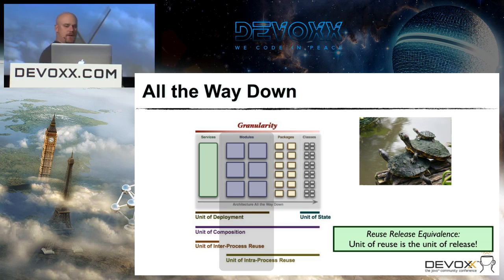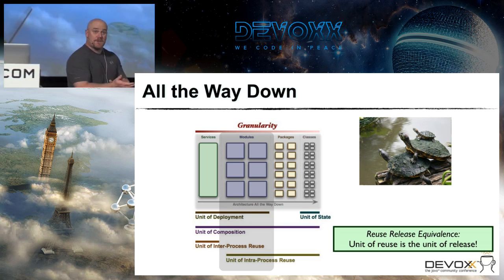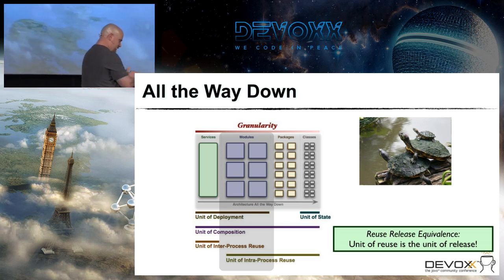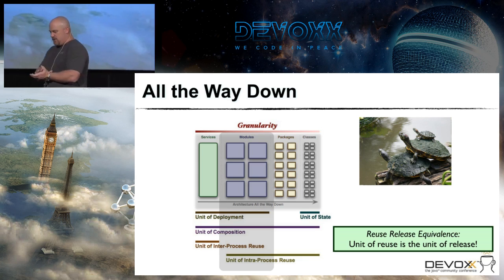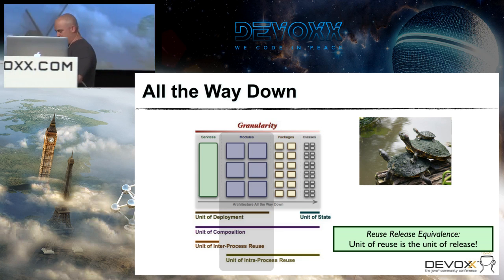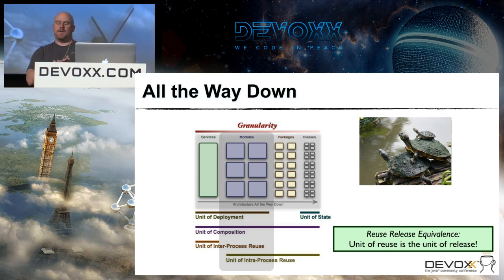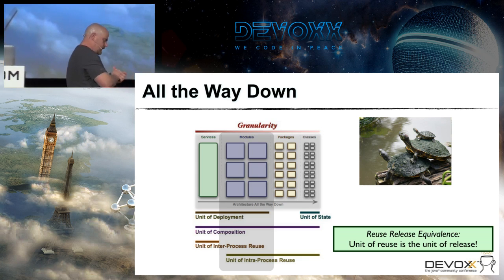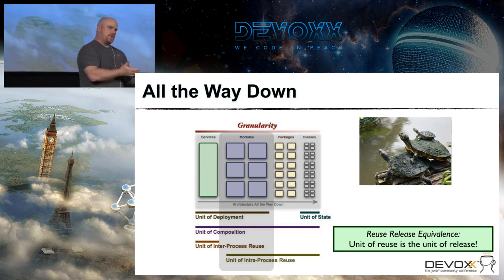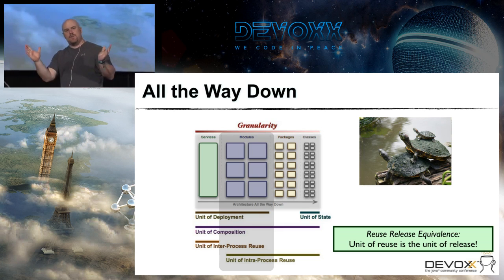So the turtles up there actually are there for a reason. It's a story that I find pretty interesting, kind of a funny little story. Bertrand Russell was giving a lecture one time, and he was talking about how the moon orbits around the earth and the earth orbits around the sun. And at the end of the lecture, a little old lady stood up and said that what you told us is rubbish.